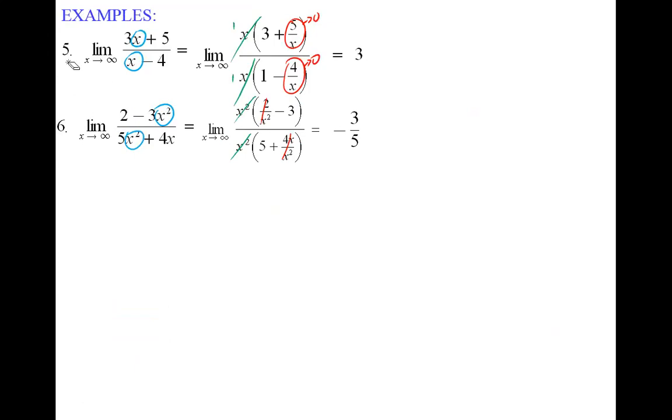Again, remember, for limits at infinity, the leading terms are the most important, because algebraically we proved the rest of them become 0 eventually. Okay, and what about this one? Limit as x goes to negative infinity, it's still fine. Can you tell me the answer?